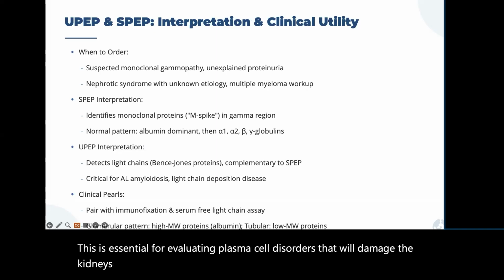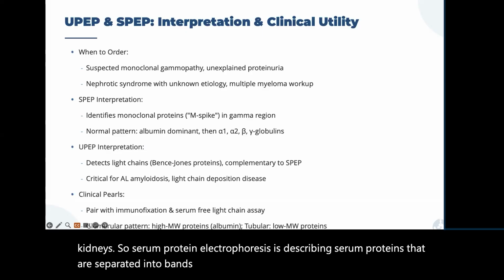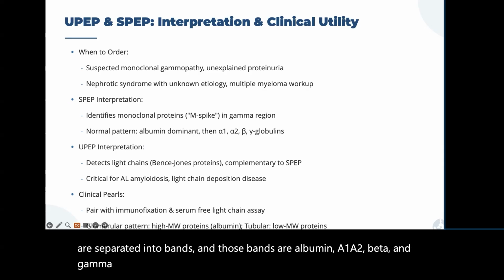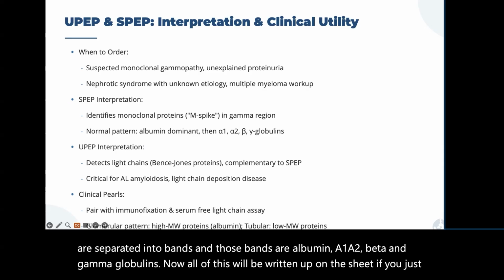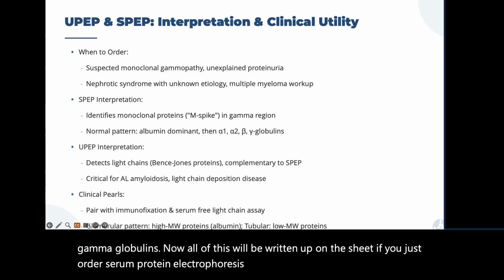So serum protein electrophoresis describes serum proteins that are separated into bands. Those bands are albumin, alpha 1, alpha 2, beta, and gamma globulins. All of this will be written up on the sheet. If you just order serum protein electrophoresis, this will all appear on the sheet.